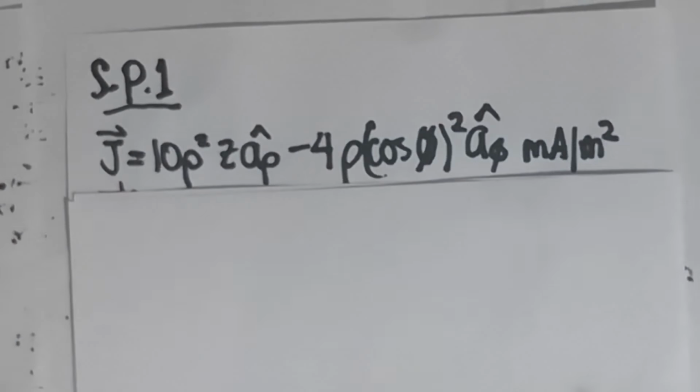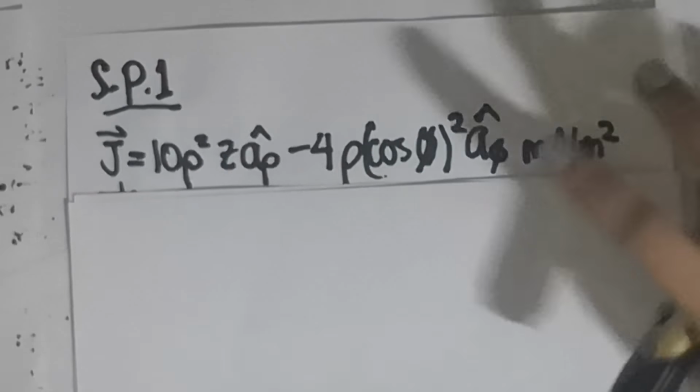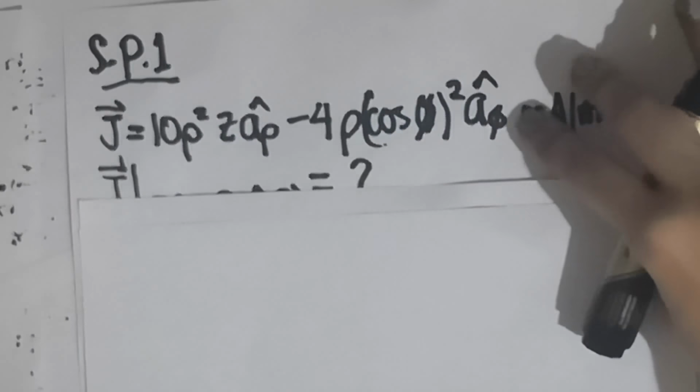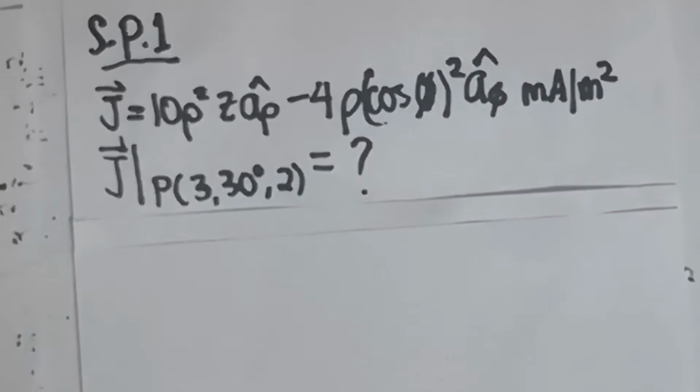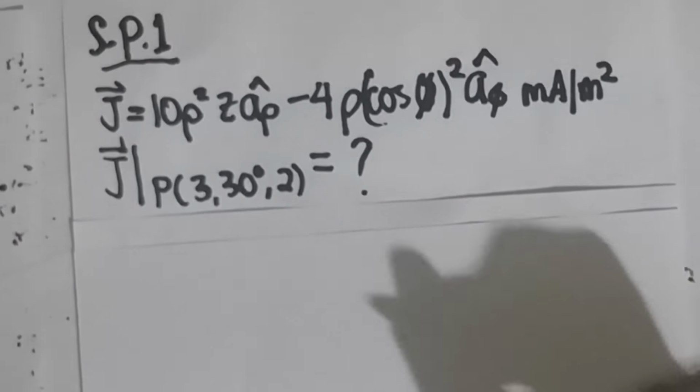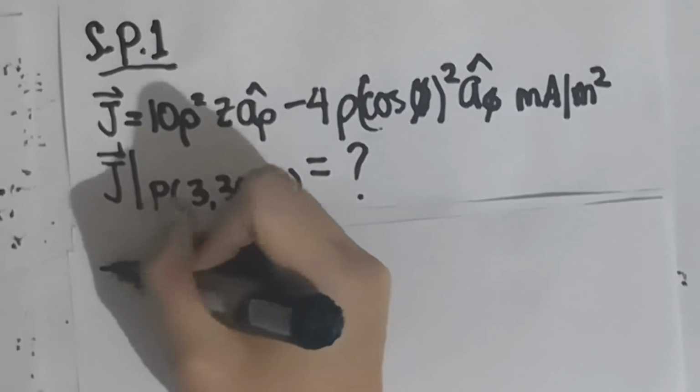If you have to determine J for a specific point, at point 3, 30 degrees, and 2, we can just substitute the values.